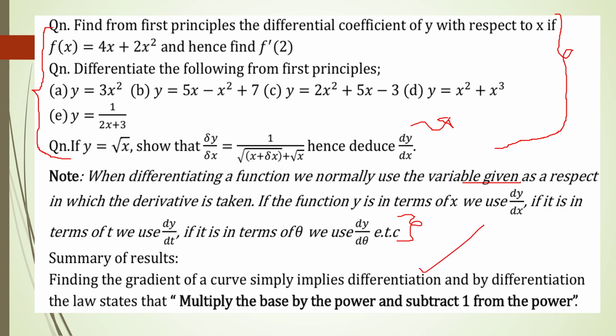The moment you find the derivative and substitute for the value of x, you have already got the gradient of either a curve or a line. I hope you have understood that. So that's how we find gradients. Gradients are the same as derivatives after substituting for the value of x.